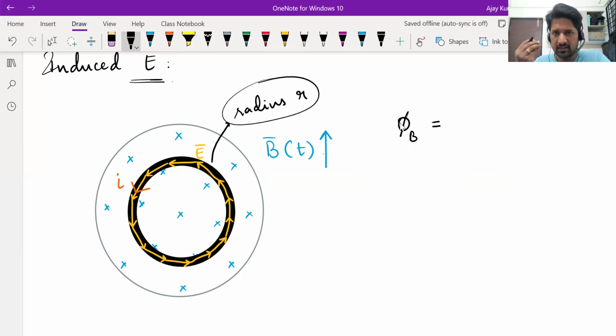Let's call the magnetic field B. It is directed into this loop. How much is the flux passing through this loop? It's a circular loop of radius r. How much is the flux passing through this loop if magnetic field is B?